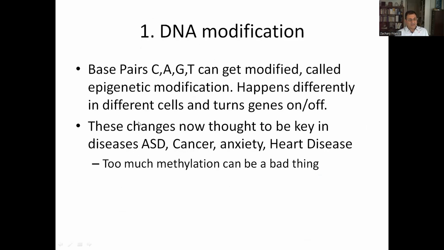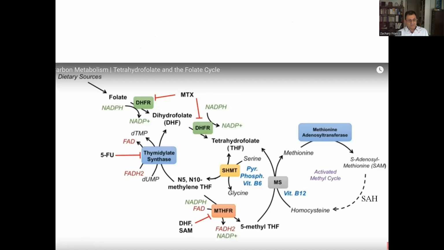So if we go back to the picture here, remember what happened is we took tetrahydrofolate and we methylated it twice. Now there's an enzyme called methylene tetrahydrofolate reductase that takes this tetrahydrofolate that's methylated twice and gets rid of one of those methylations, along with vitamin B2 and B3.